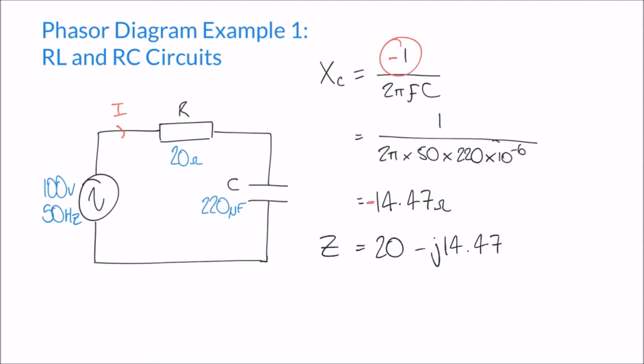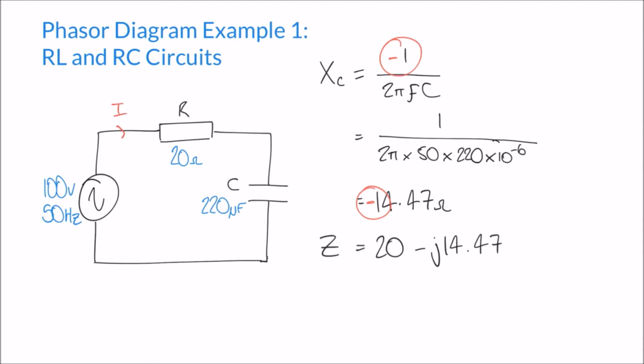It would just make this answer a minus number as well. Even if that isn't the case, if your formula doesn't have a minus on the top of the fraction, you still have to remember to make our minus j term here for capacitance, which always has a negative reactance when it's expressed as a complex number.